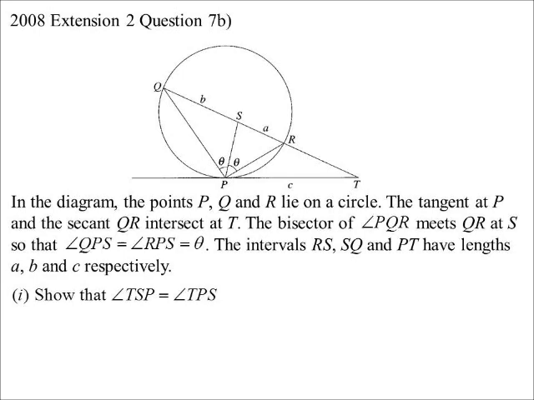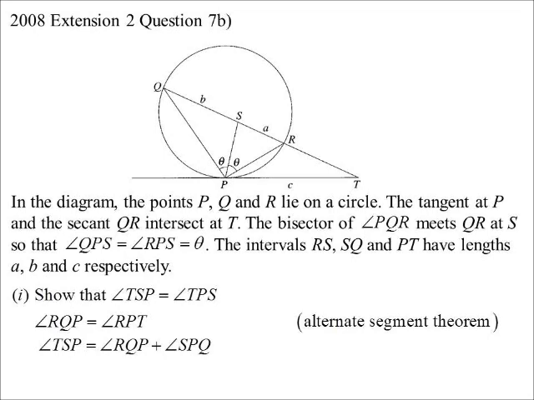We need to show that angle TSP is the same as TPS. TSP, all right, well, let's have a look. RQP, well, that's our alternate segment theorem, isn't it? RQP is equal to RPT. Now, TSP is made up of RQP and SPQ, because of exterior angle of the triangle.